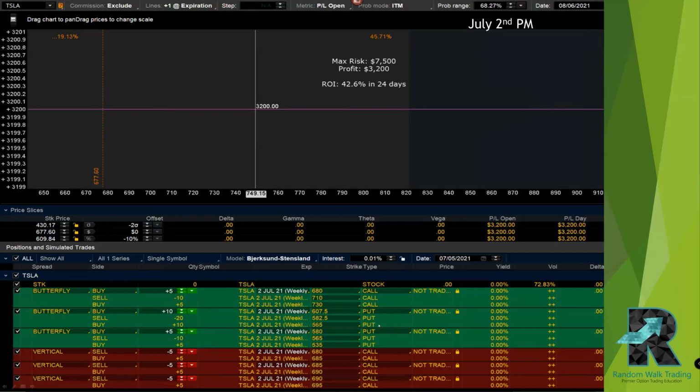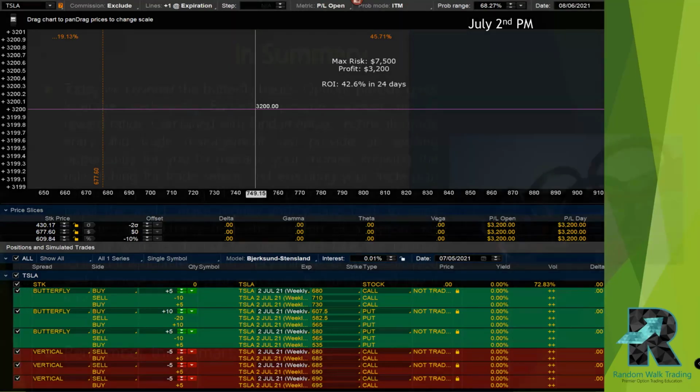In this case, it's basically 3 butterflies and 3 call spreads, a simple example. Again, I try to keep it as simple as possible. But that's kind of how we look at the trades: where can we take profits, where can we add without sinking a lot of capital.